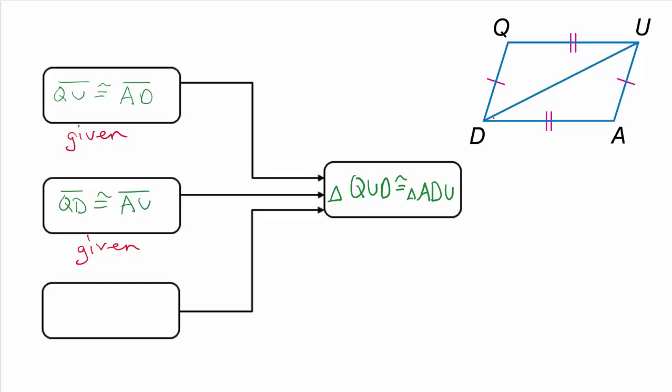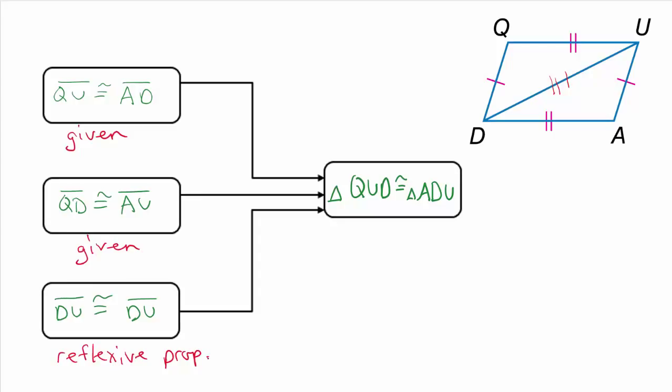So this last side, DU, which I'm going to mark, is congruent to itself. I'm going to write that in there. DU is congruent to itself. Why? We talked about this in the last lesson. The reason for that is called the reflexive property. Anything is congruent to itself. We could just write reflexive property.